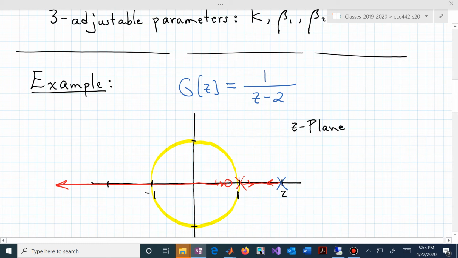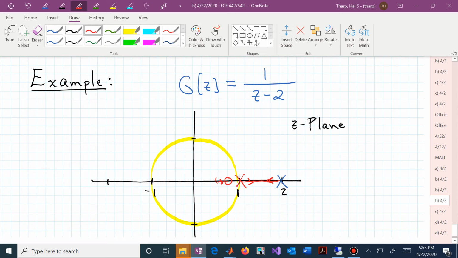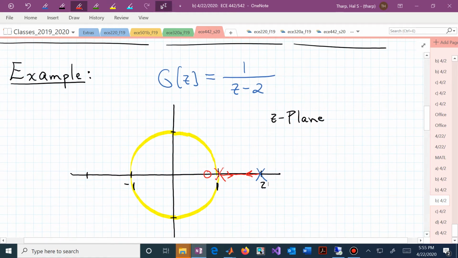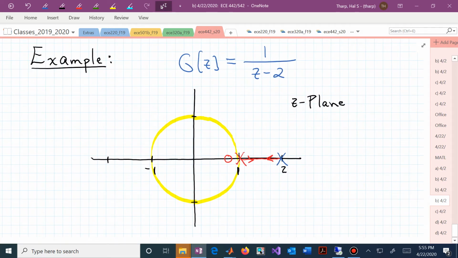And to do that, maybe we can introduce another zero, but in order to keep our controller causal, we need to make sure that we have another pole in there, and a fast pole that won't influence the dynamics much is now going to be the PID controller giving us an integrator pole at z equal to 1 and a pole at the origin. Now we can introduce a second zero, and what do we have?